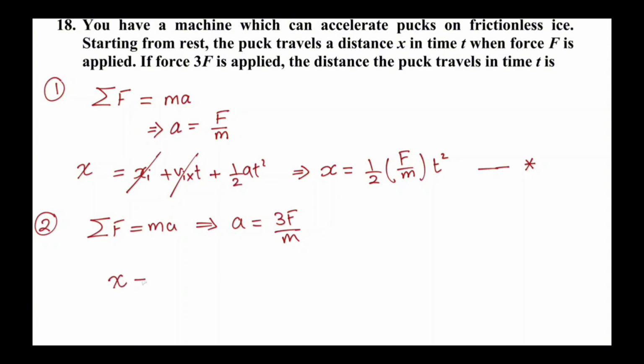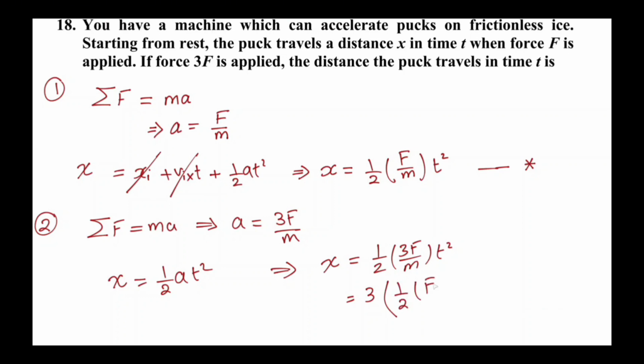Now x here, no need to repeat things, x equals half a t squared, or in other words x equals half 3F over m t squared, or you can write it like this, 3 times half F over m t squared, and this is actually the distance before the force was tripled, so the final distance equals 3 times the initial distance.